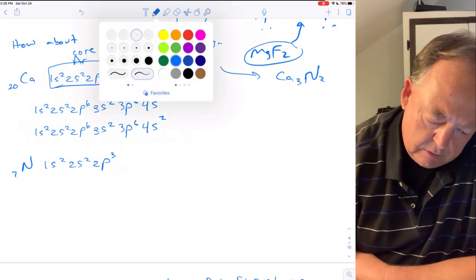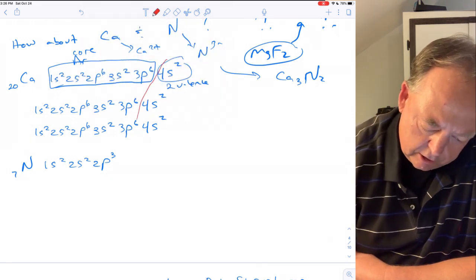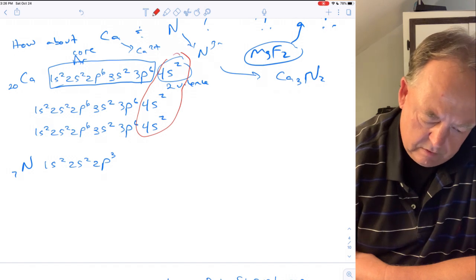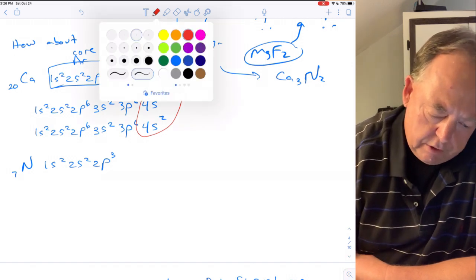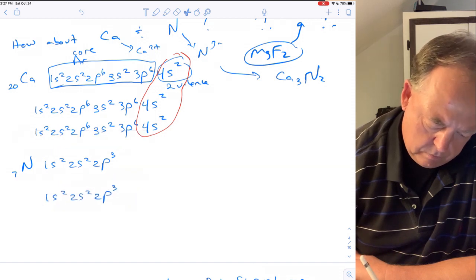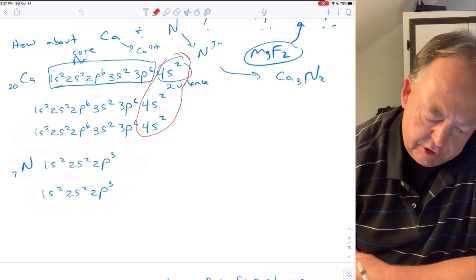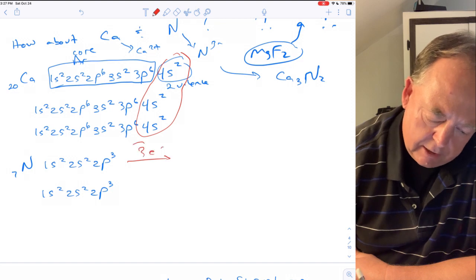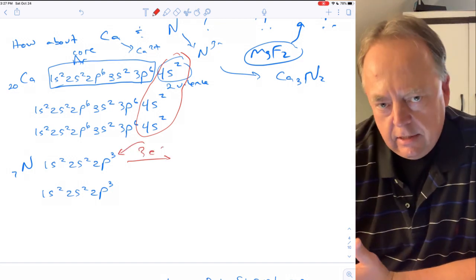And then we're going to end up taking these 6 electrons, and so we're going to need 2 nitrogen atoms, because what does nitrogen want to do? It wants to gain 3 electrons to become 2p6, and then it looks like neon.